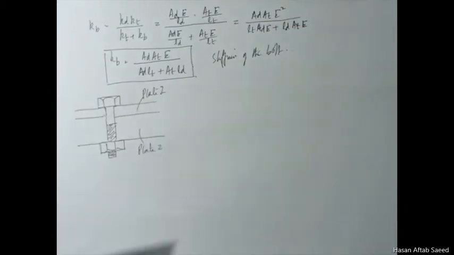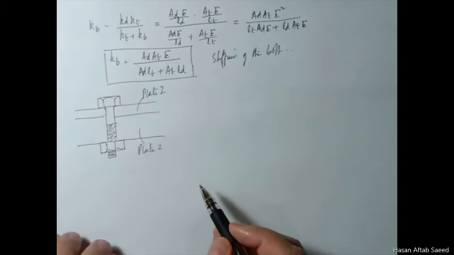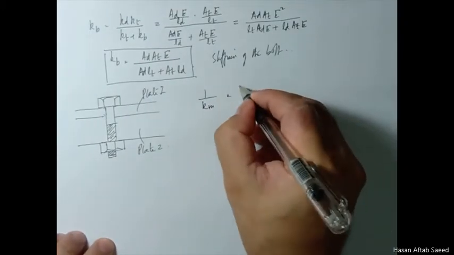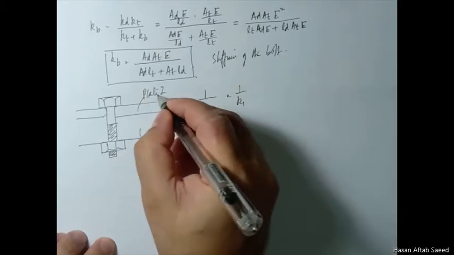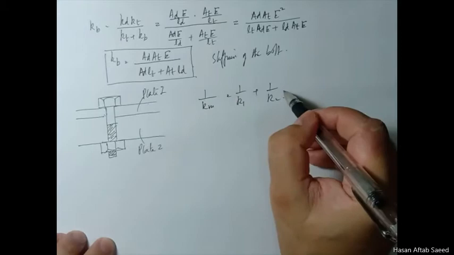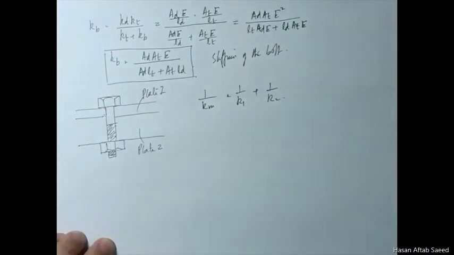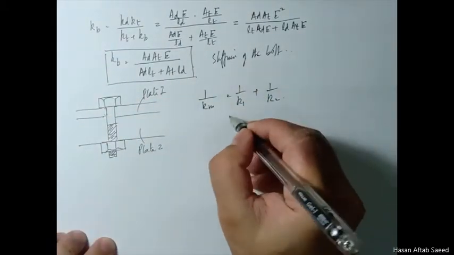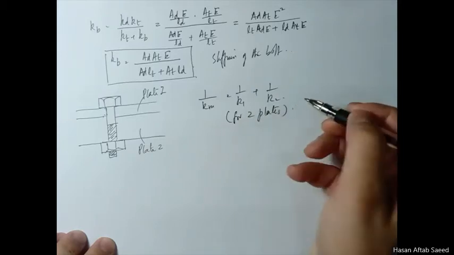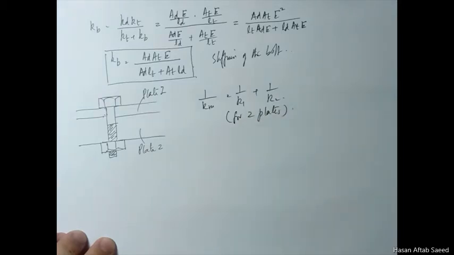So your expression would be the same, only this time we'll call it 1 over km, for members, 1 over k1 for plate 1, 1 over k2. And if there are more plates, then you can go on, but we are just talking about 2 plates. Let's call it for 2 plates. Actually, it's more than that, right?